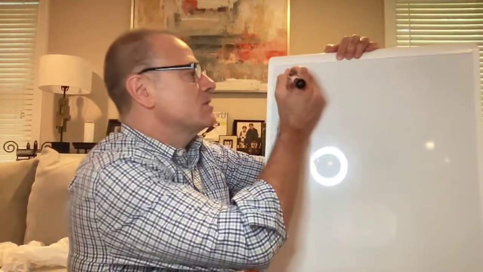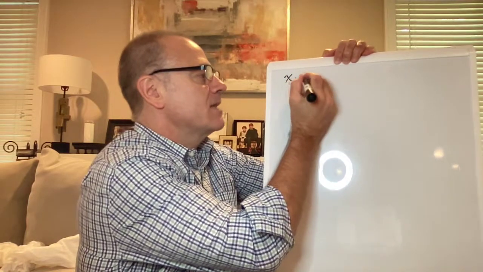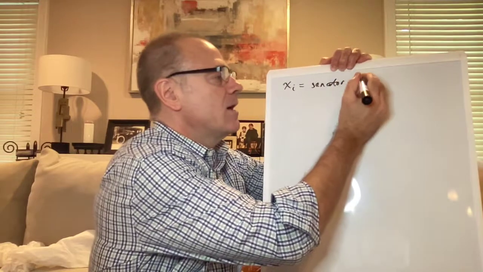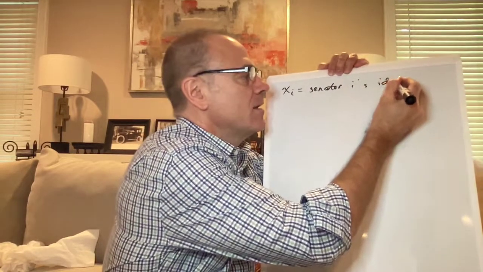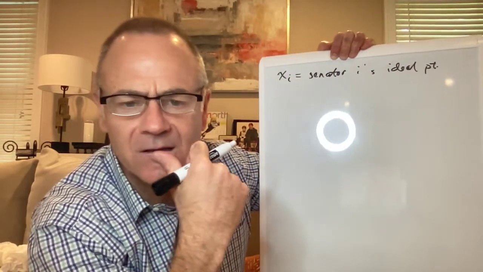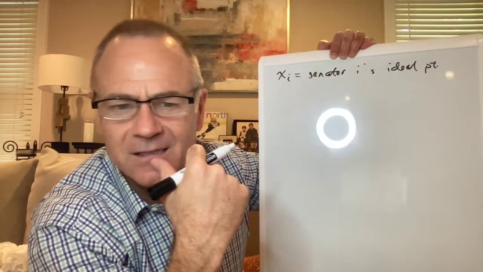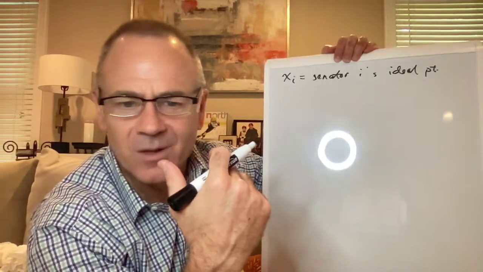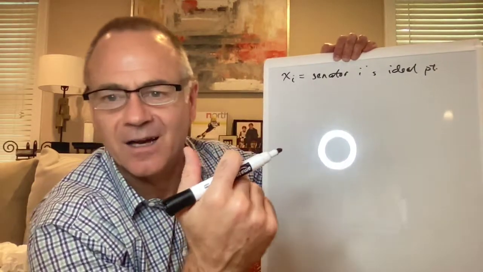Okay, so here's what happens. There's some notation. X_i equals senator i's ideal point for the minimum wage. And this was, I think, early 80s, something like that. So there's inflation. I can't remember. I think like minimum wage was like $3 an hour or something.